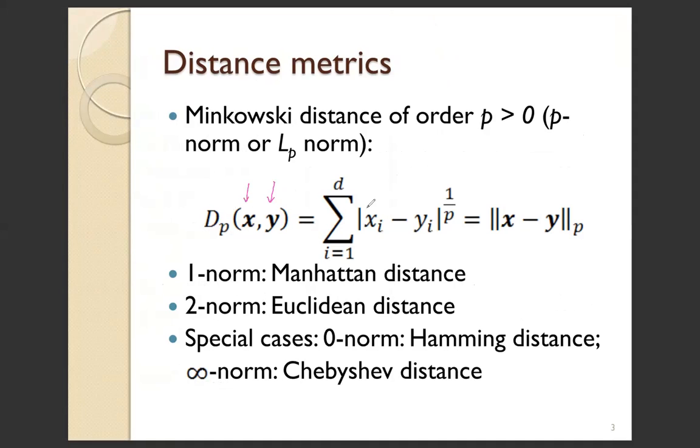The distance between them is computed as follows: you take the absolute difference between these 2 vectors, and then raise it to the power of 1 over p. This is what we call a Minkowski distance of order p. Sometimes it's denoted in a form called a norm.